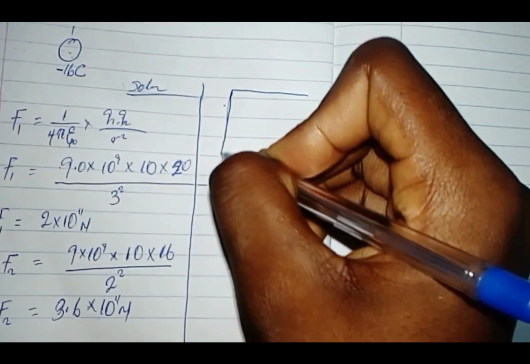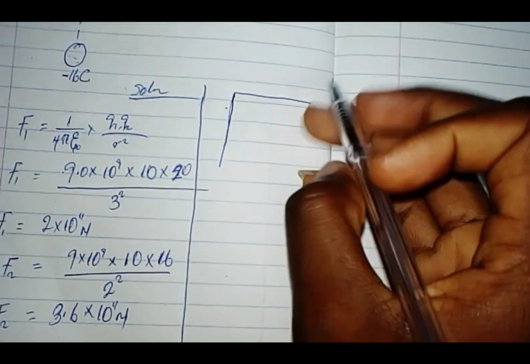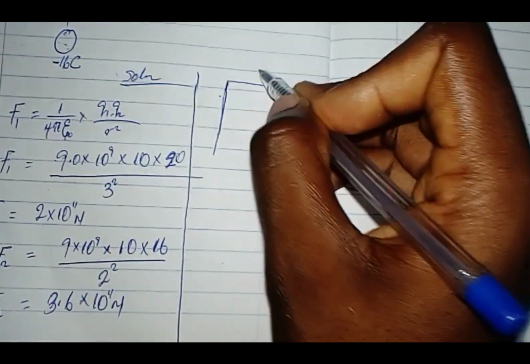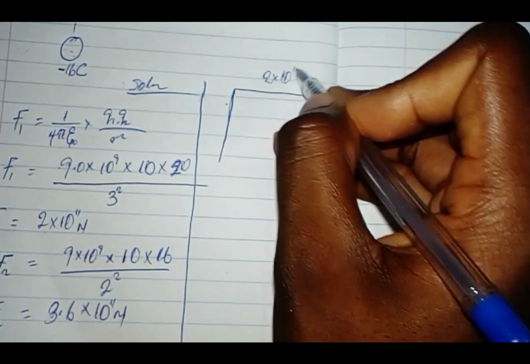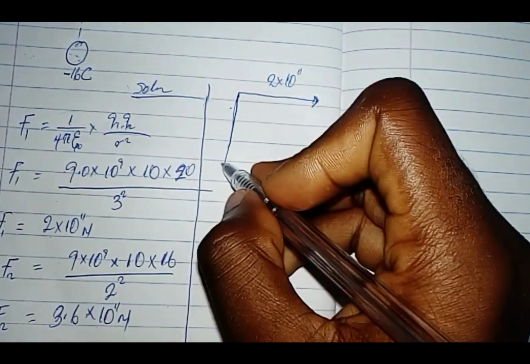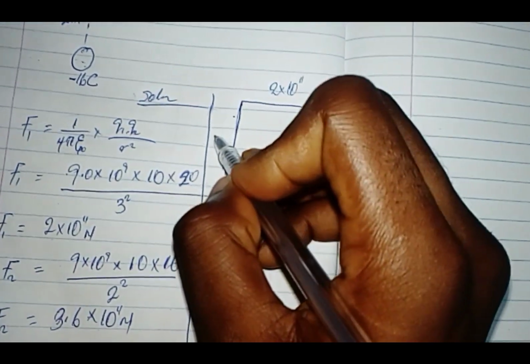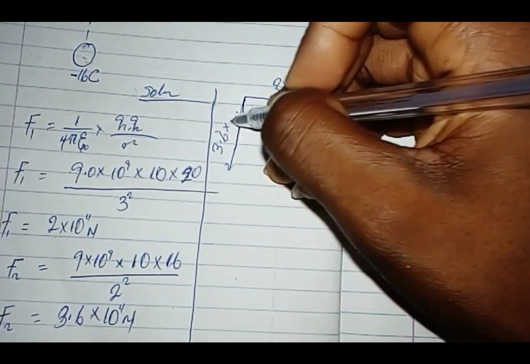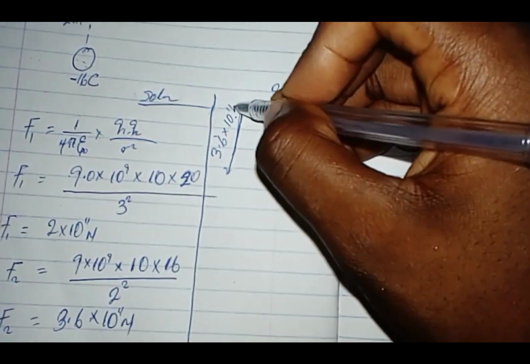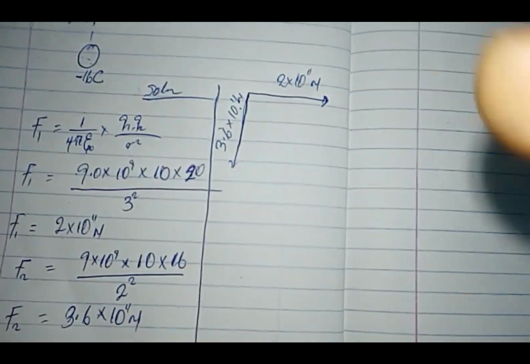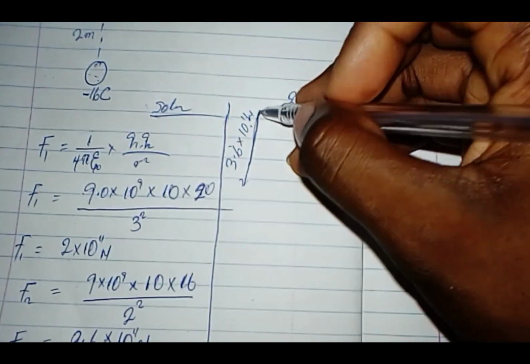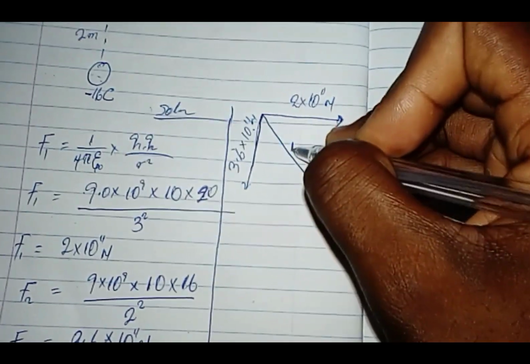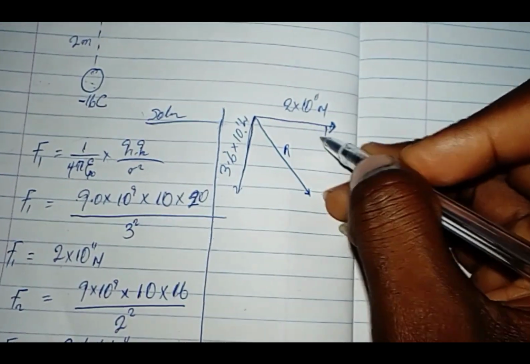According to this diagram, the force acting in this direction, which is F1, is 2 times 10 raised to the power of 11 newtons, and the one in this direction is 3.6 times 10 raised to the power of 11 newtons. So the resultant force is that force that comes from this direction.